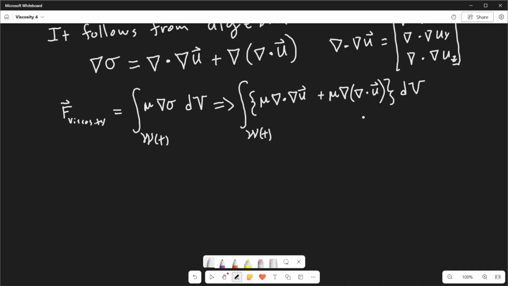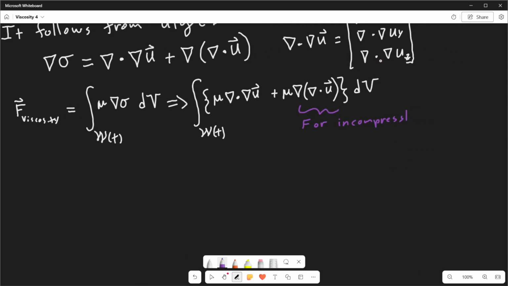There's also forms of the Navier Stokes equation that accept compressible fluids. However, in this special case, the fluid is going to be incompressible. So for incompressible fluids, the gradient dot u vector equals 0.